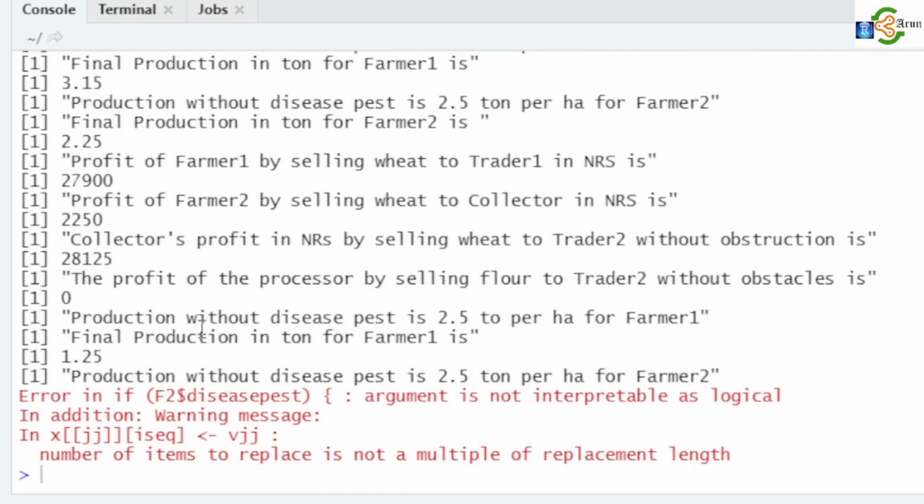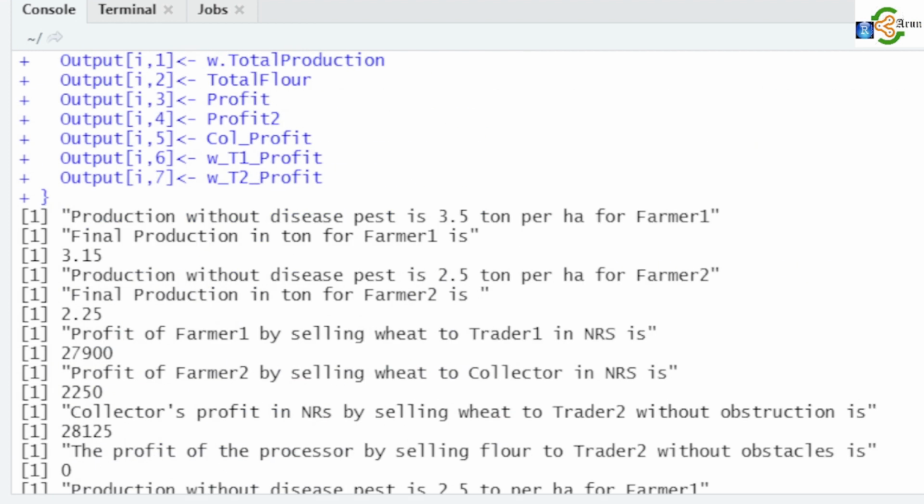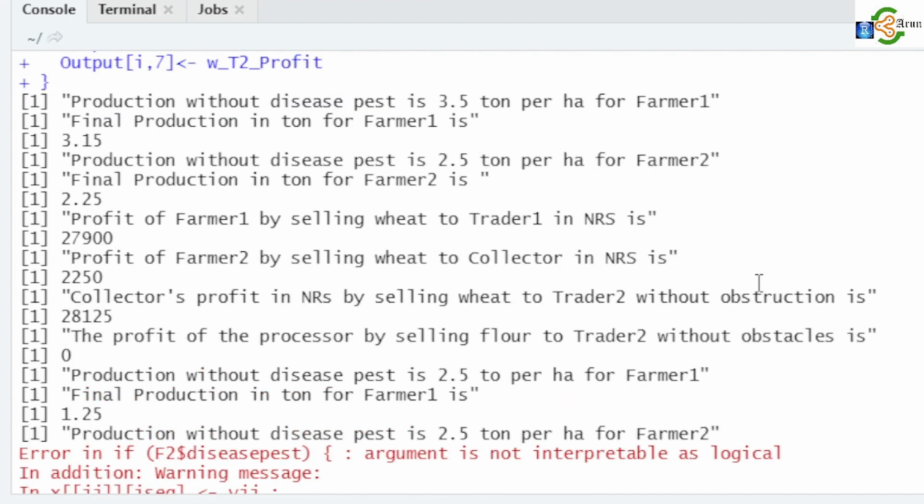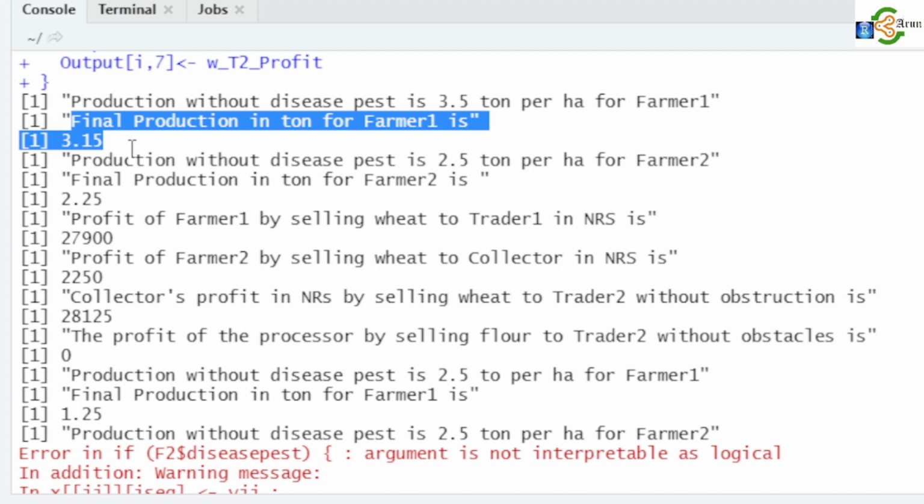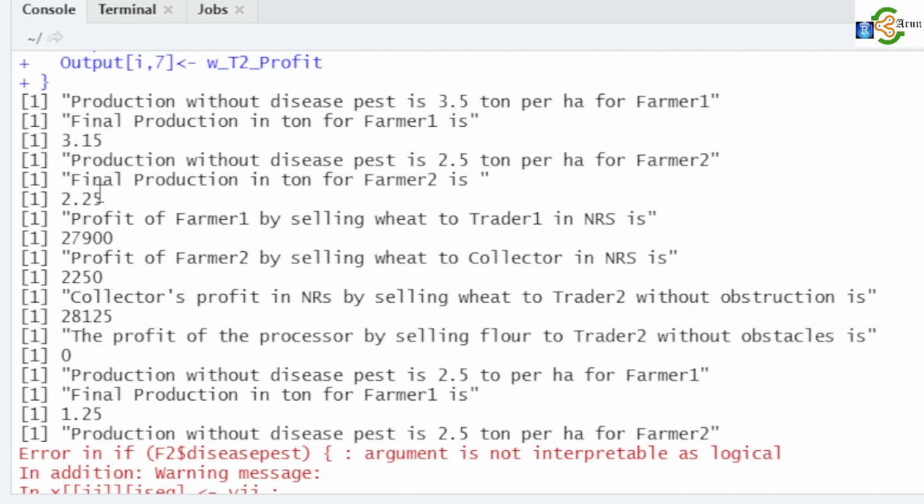You can see here I have developed a table for the output: how much profit has been generated at each stage. Farmer 1 produced 3.5 metric ton of wheat. Farmer 2 produced 2.5 metric ton of wheat. It's just a summary of what we have done.